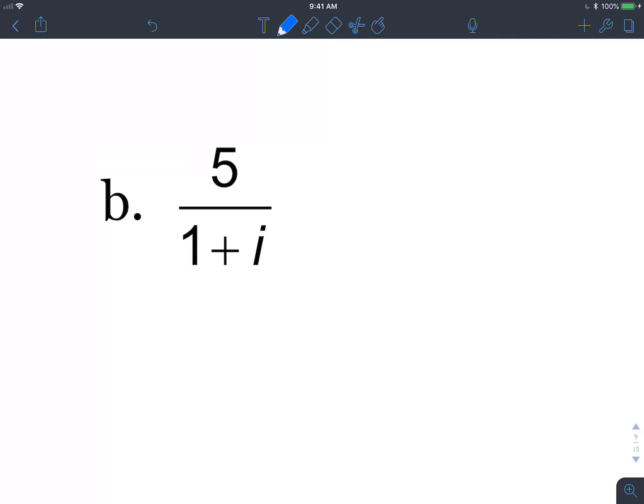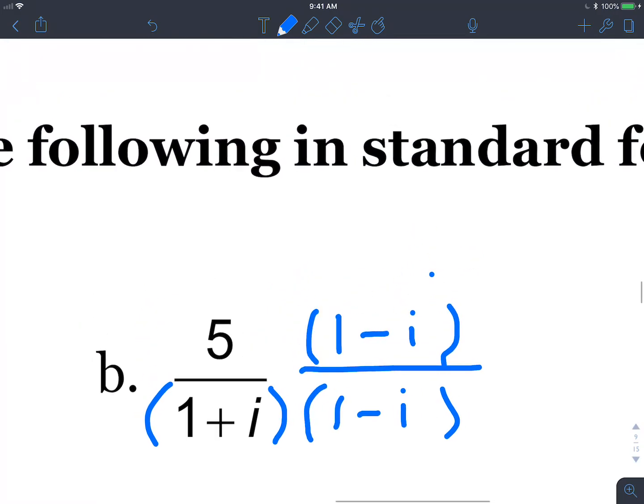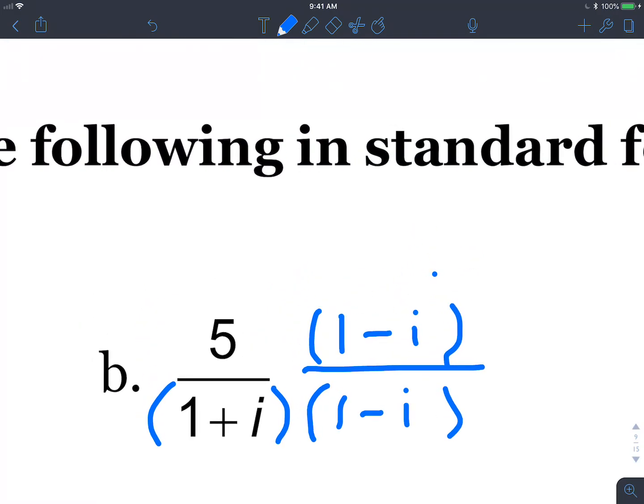So anyways, to simplify, when you have division of complex numbers, we use a conjugate to get rid of this denominator. We don't like things in the denominator, and we definitely don't like i's in the denominator. So we're going to multiply by 1 minus i, kind of like that right there. And then the same exact thing in the numerator. So remember, with a fraction, usually we use this process if we're trying to get a common denominator.